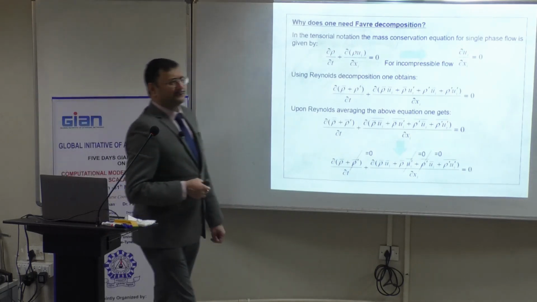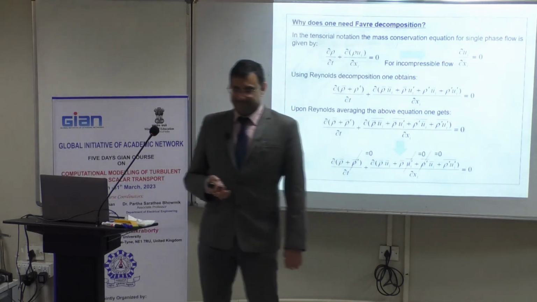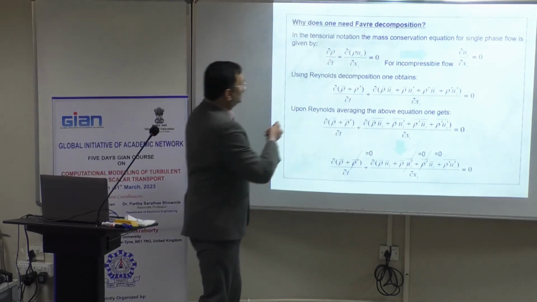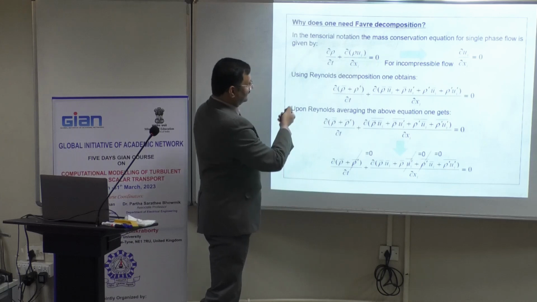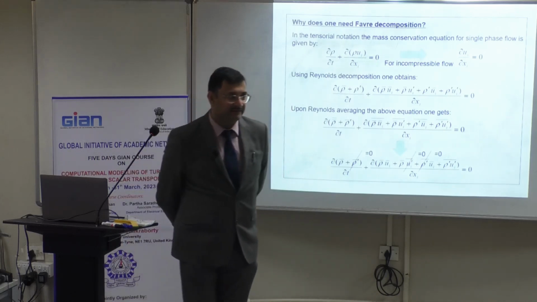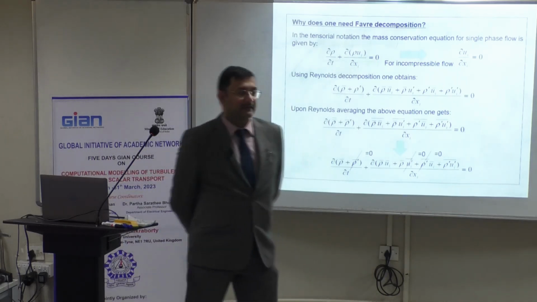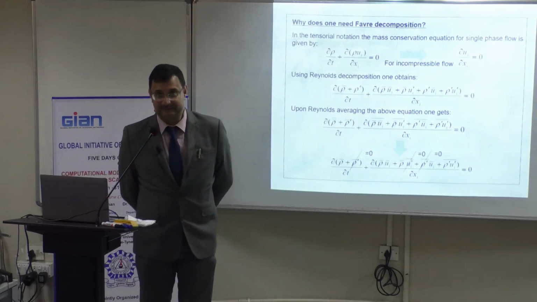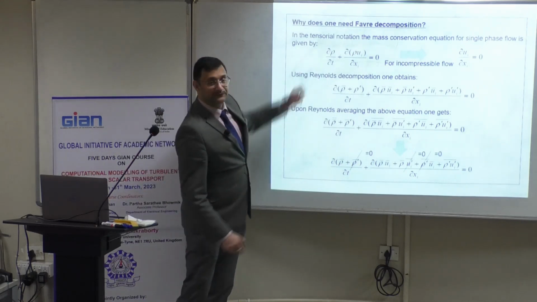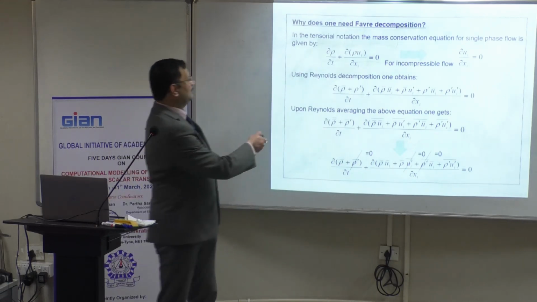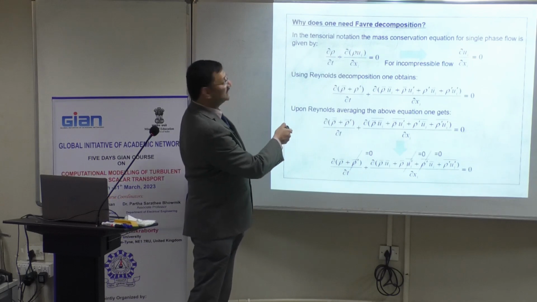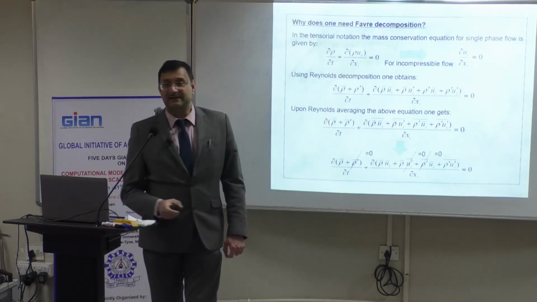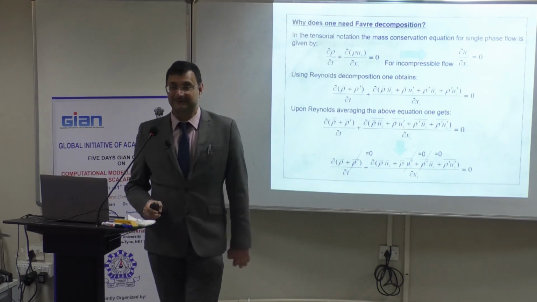Now, why does one need Favre decomposition? Let's see. This is our mass conservation equation. Yesterday we derived that, right? If you deal with constant density flows, this term goes to 0, isn't it? Rho is a constant, it comes out of this derivative and it boils down to this, which is nothing but divergence of velocity is equal to 0.